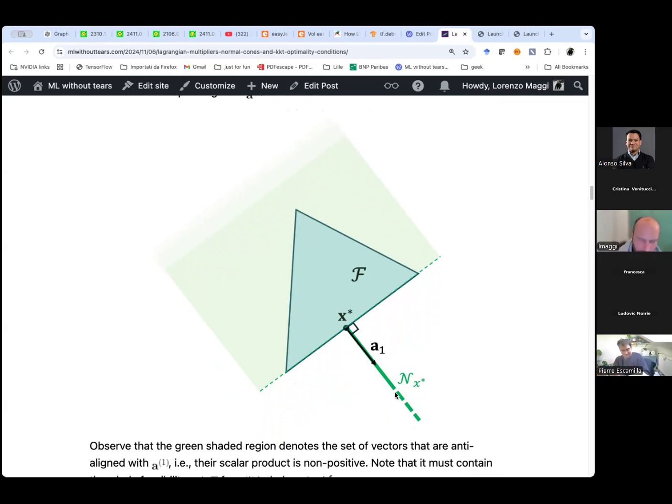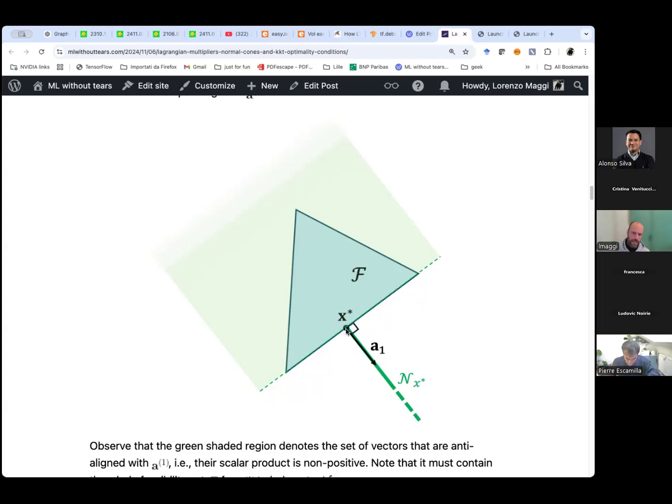Is it true that anything that is aligned with A1, in the same direction as A1, this is important, is in the normal cone? Well, yes, because if you take any feasible direction, it is anti-aligned with A1, because it lies on the other side of the hyperplane. So at worst, it's equal to 0 here, but otherwise, it's strictly negative.